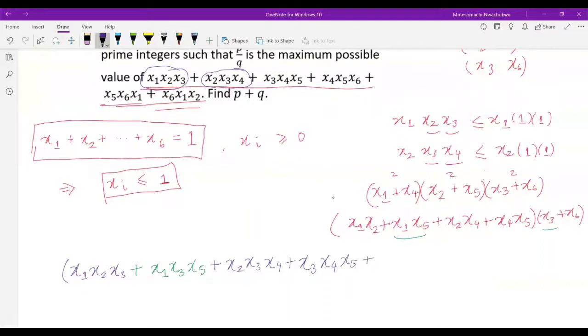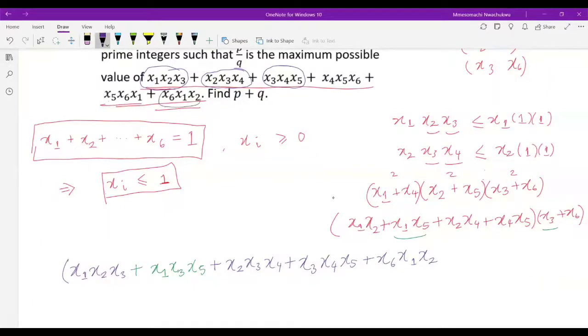Now we have x1 x2 times x6. I'll put it in a way that it appears here. So this has shown. This will be plus x6 x1 x2.